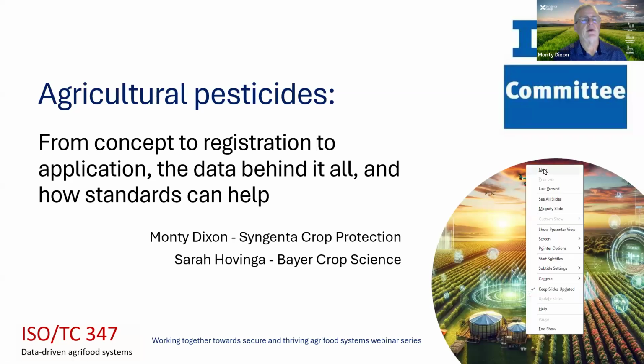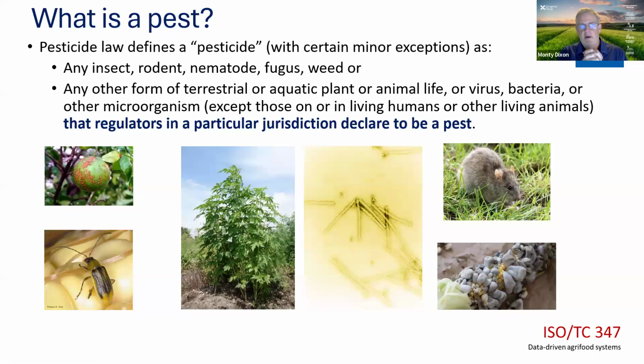Okay, there we go. So let's start at a very high level about what is a pest. A pest is essentially a harmful organism. It's an organism, an insect, a rodent, fungus, microorganism, anything that has a potential to cause economic and agronomic damage to crops, livestock, can threaten human health if we think about mosquitoes and disease vectors, or also can be disruptive to ecosystems.